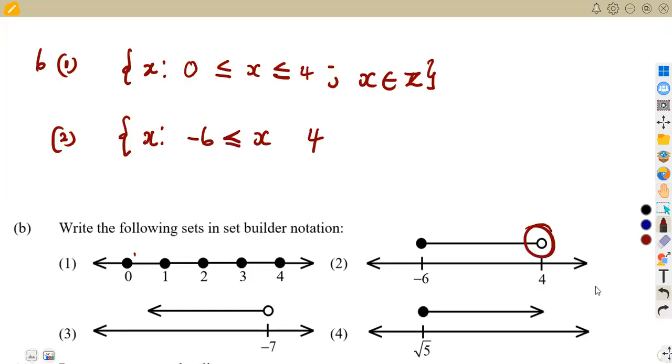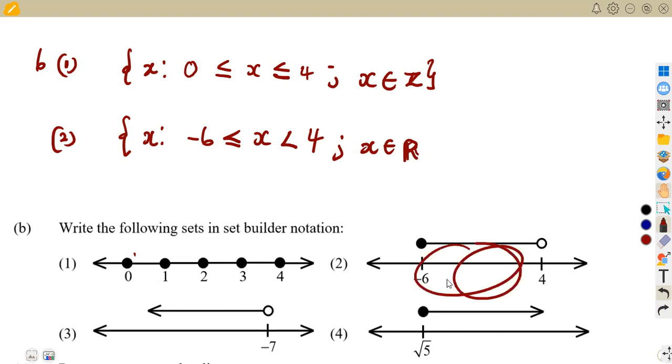But on 4, it's not shaded. It's just a circle which is not shaded. So you indicate less than. You don't put the equal to, it is not there, all right? And like I said, here they're saying every value of x is taken. So this x is an element of all the real numbers. Every number is taken.